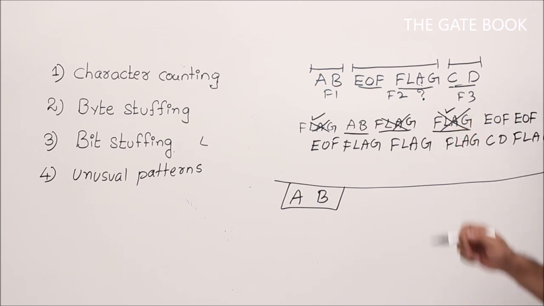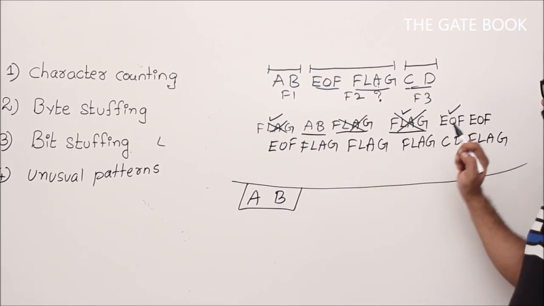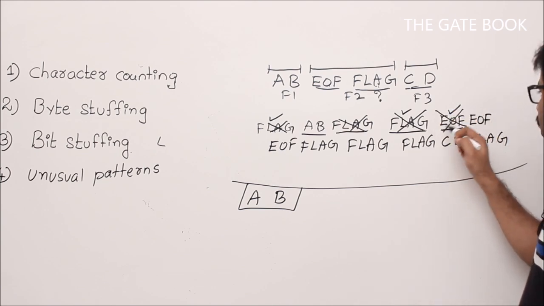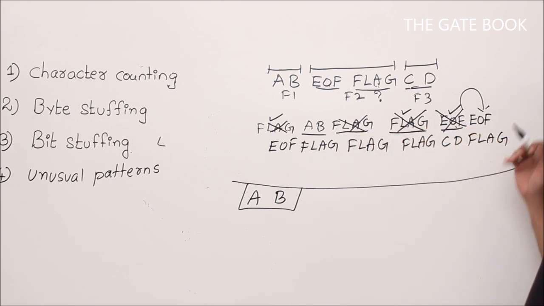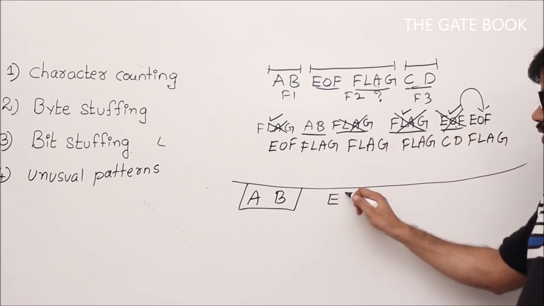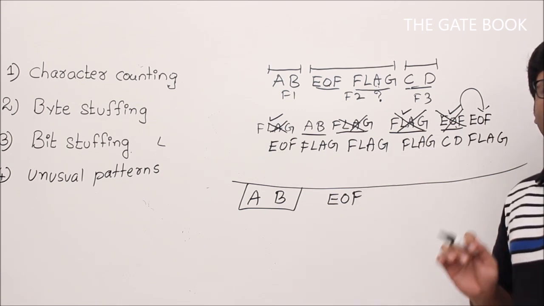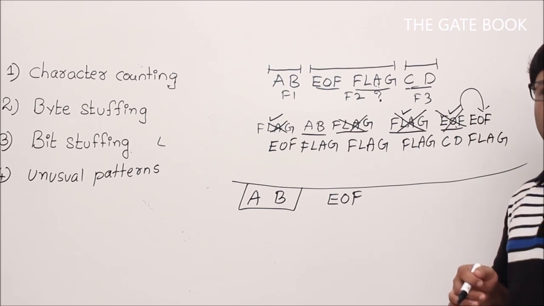Remember it. Correct? Start. EOF. EOF is what? It's a control symbol. Whenever you see EOF, what do we have to do? We have to discard it. And next thing, whenever there is an EOF in our pattern, the next symbol is data. Let's take it. Okay, fine. And still remember, what is the state we are in? We are waiting for the end of the frame, that means flag.